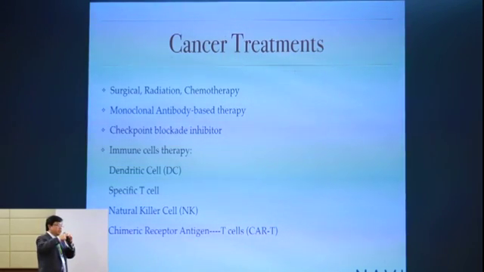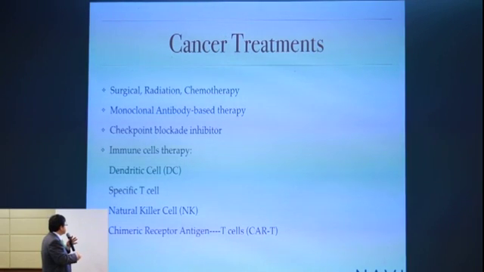As we know, the immune cells have an inhibitory signal to prevent their overreaction. Sometimes the tumor cell develops a new mechanism to suppress the activation of the immune cell to escape from immune cell attack for survival. So the checkpoint blockade inhibitor blocks the inhibition signal of the immune cells, letting the immune cells keep their activation to kill the tumor.